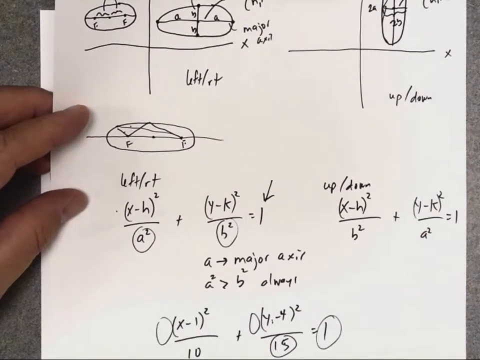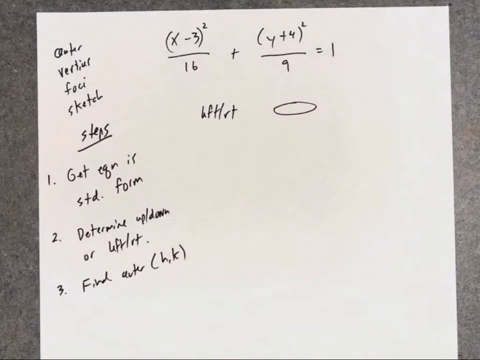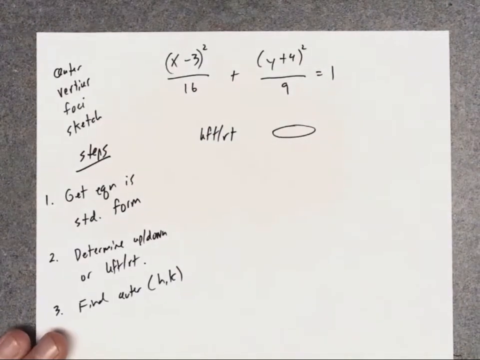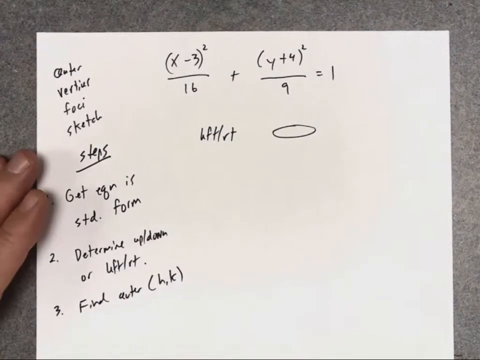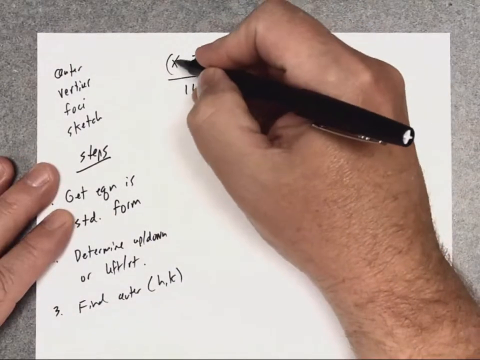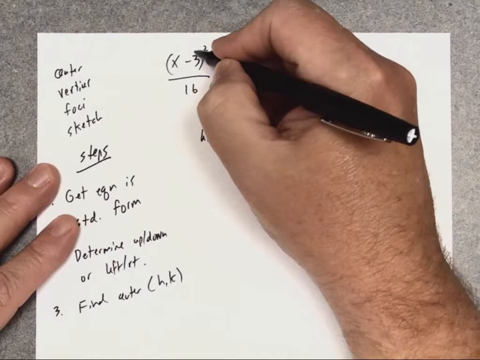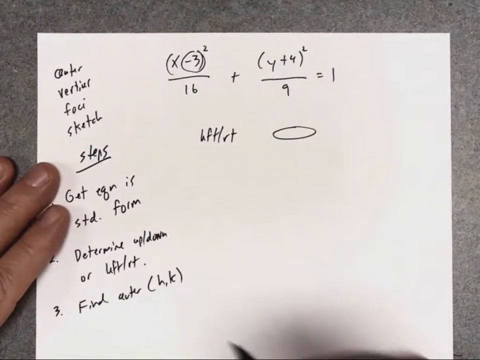When you try to find the center, the easiest thing is the rule that the center is the opposite of what's in your equation. What do we mean by that? When I look at the x, this is going to be my h. I like to think of that whole thing as minus 3.